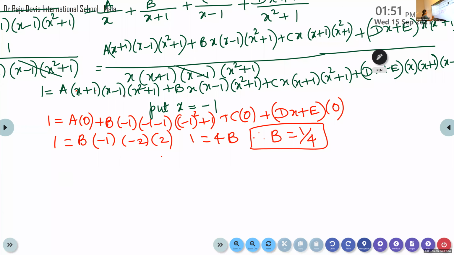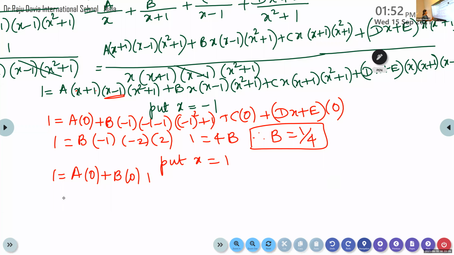So x is 1. So a into 0 plus b into, again here 1 minus 1, it will become 0. Plus c into, here there is no x minus 1 term. So c into 1, 1 plus 1 into 1 square plus 1. Plus dx plus e into, we have 1 minus 1 there, so it will become 0.